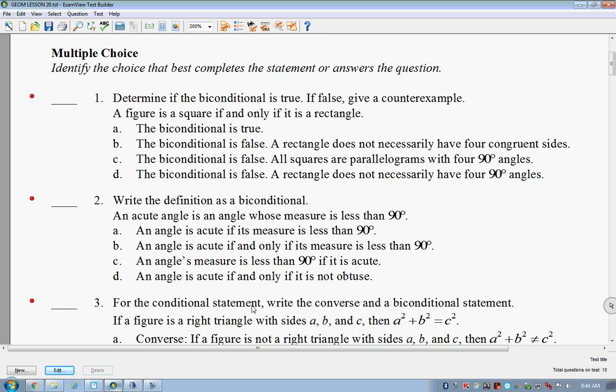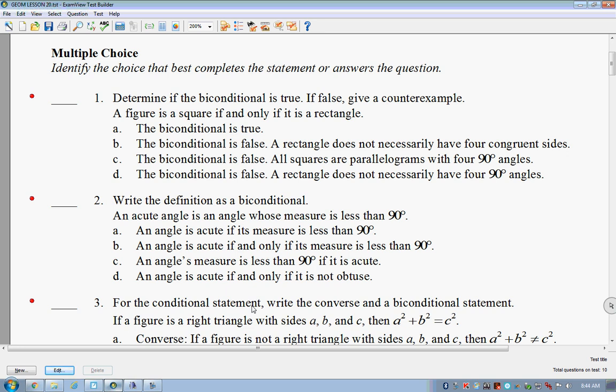Okay. Jordan says it's false. Can you tell me why it's false? Okay, so you've got 3 false statements kind of here to choose from.